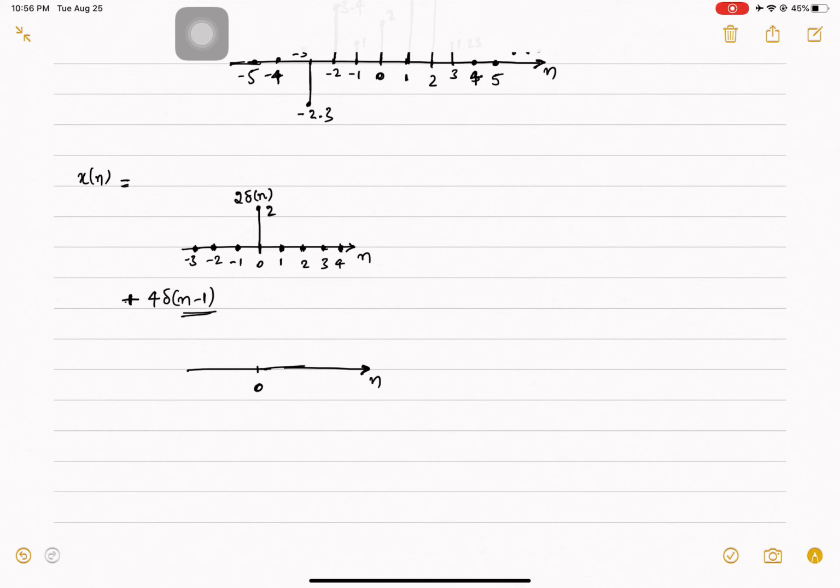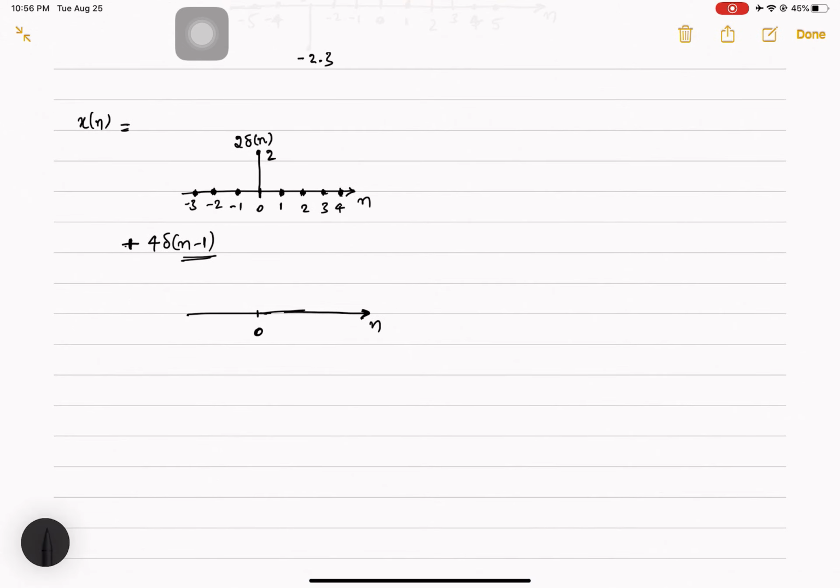So the term inside the bracket is n minus 1, so when n minus 1 is equal to 0, the value of the function will be equal to 1. It is multiplied by 4, so the amplitude becomes 4, and it exists at n equal to 1 because the argument goes to 0 at n equal to 1. Okay, so I have a unit sample sequence of value 4, and it's 0 everywhere else. Okay, at 2, at 3, at minus 1, at minus 2, right?